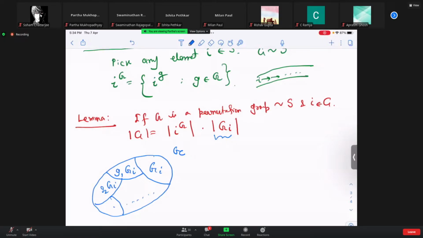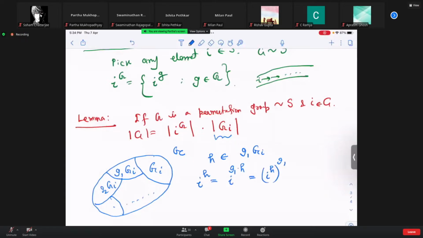And G_I fixes I. So if you take H to be a coset element, let's say from the first coset G1 G_I, and apply I^H on it, what will be the case? It will be G1 and some group element. So I will be acted by H, and then it will be moved by G1.